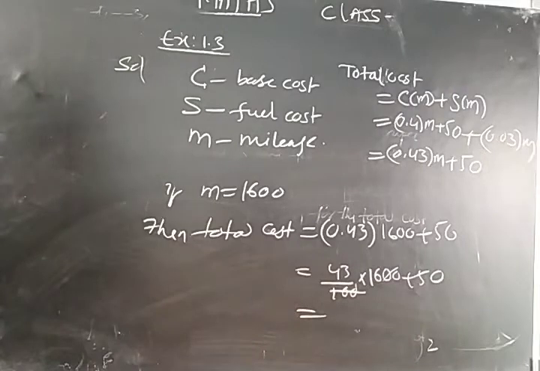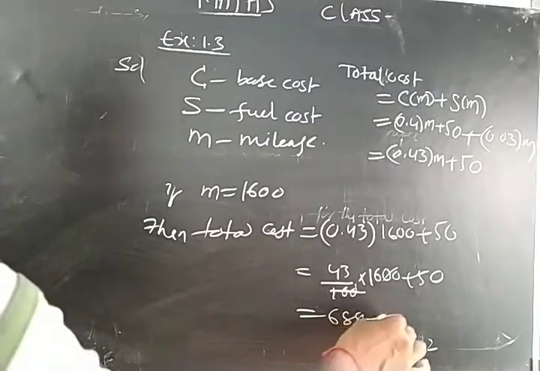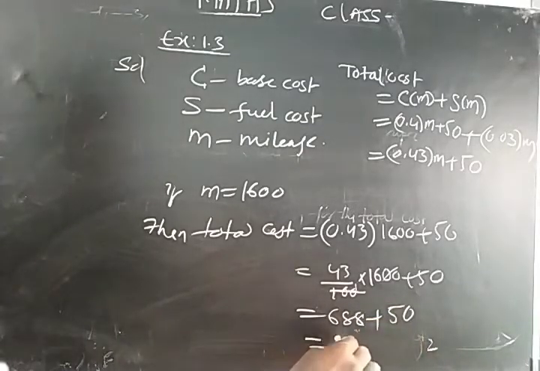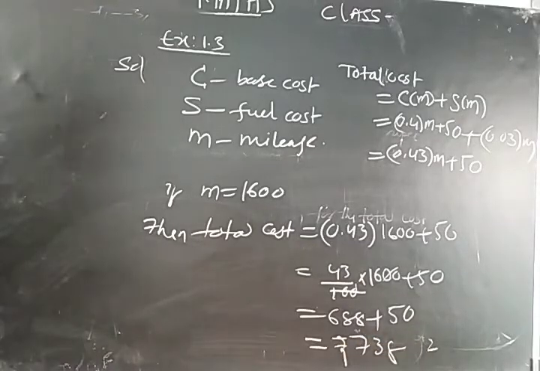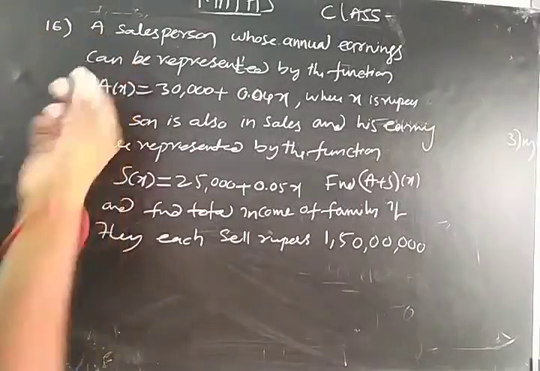Cancel. 43 into 16 is 688 plus 50. That will give 738 rupees. Okay, this is the total cost for the airfare to fly 1600 miles.